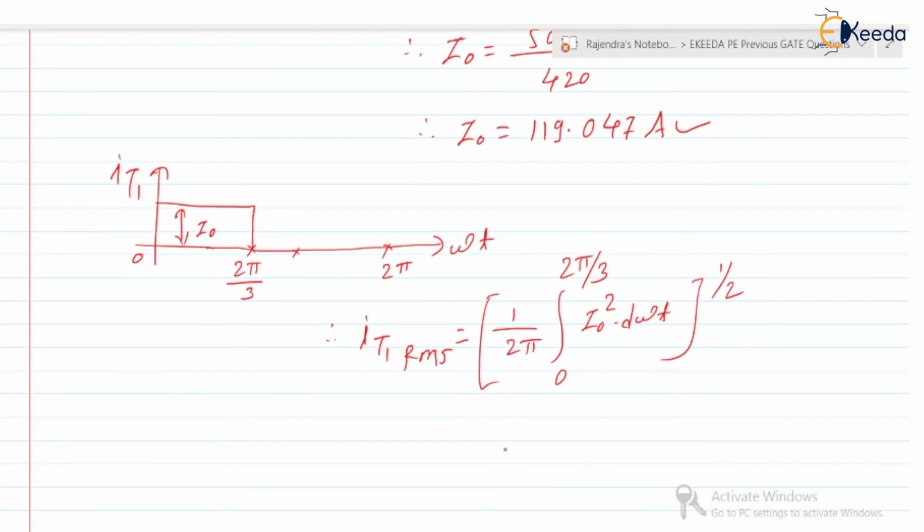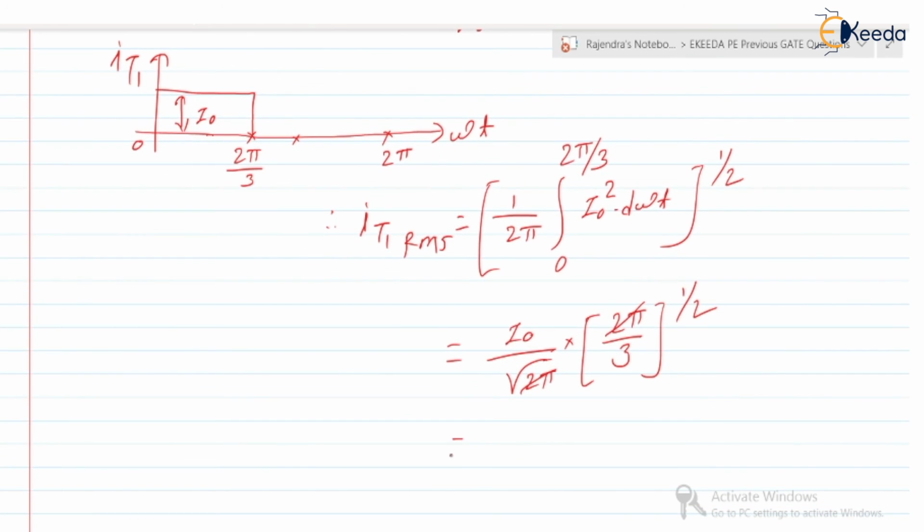This can be written as I0 upon root 2 pi into 2 pi by 3, to the power 1 by 2. So 2 pi will get cancelled, and it is I0 upon root 3.